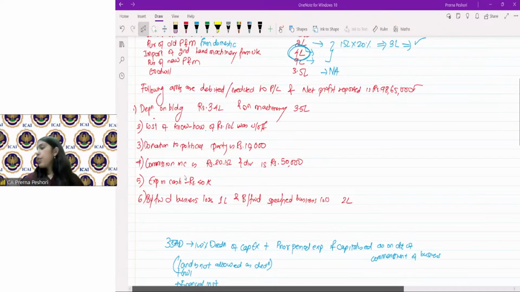Now first you will compute the 35AD, or what will you do here? Calculate for me what will be the deduction under 35AD. Yes, but Kaushiki, we will adjust the specified business loss from specified income. But then what about the deduction? Whether you'll calculate the deduction first or whether you will give the loss set off first.